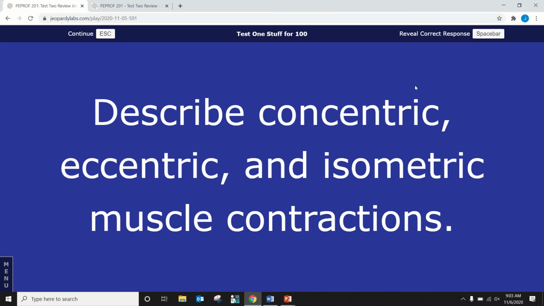Jack, you got anything on that one? So close. Concentric is overcoming the resistance. Whenever you're able to contract the muscle more, the muscle is shortening, and typically you're going to get a decrease in joint angle. So that's concentric muscle shortening.